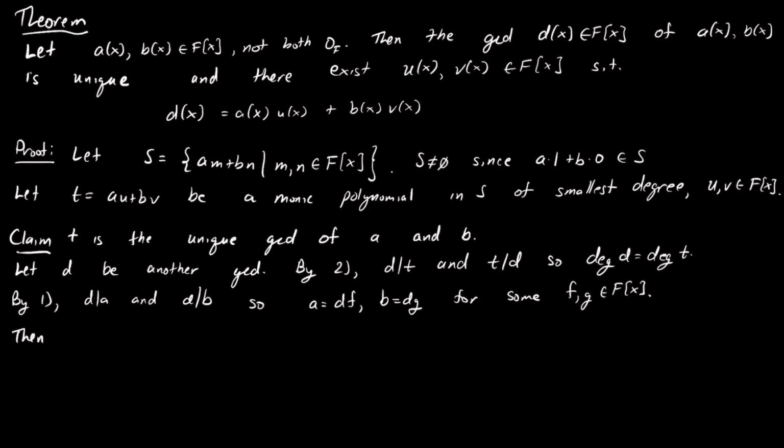Okay, so what do we have? Well, then I can take T and write it as AU plus BV, which is now DFU plus DGV, which is equal to D times (FU plus GV).